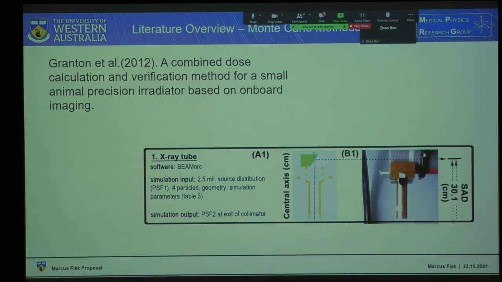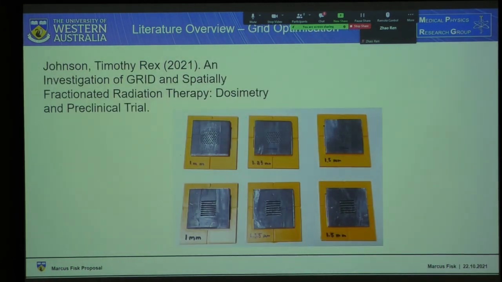So they have also used the XNRC software, and some of their code or their setup for the simulations will be useful. So a paper by Timothy Johnson has produced grids pretty much exactly what I am looking for, except these are produced out of lead with non-divergent holes, and they were simply machined in there.